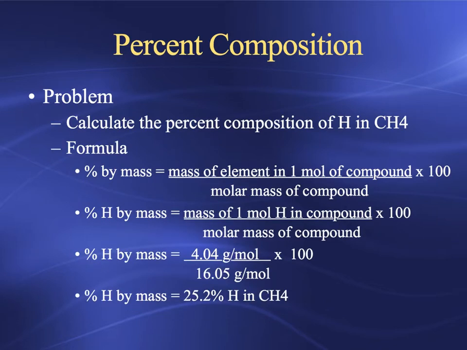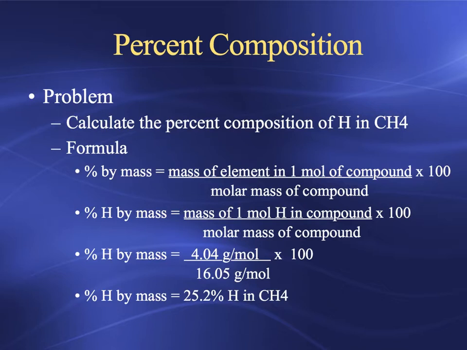If I'm trying to find the percent by mass, then I have to plug in depending on what I'm looking for. I'm looking for, in this instance, hydrogen. So the percent by mass is the mass of the element in 1 mole of the compound divided by the molar mass of the compound times 100. For the percent hydrogen by mass, 1 mole of methane has 4.04 grams per mole of hydrogen.